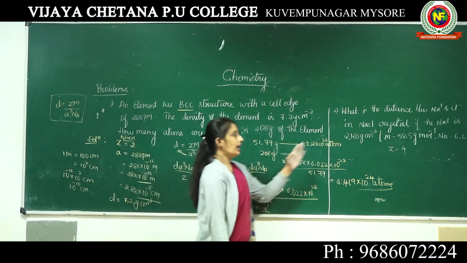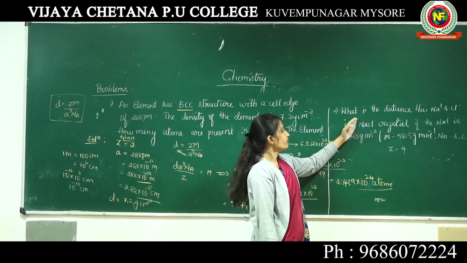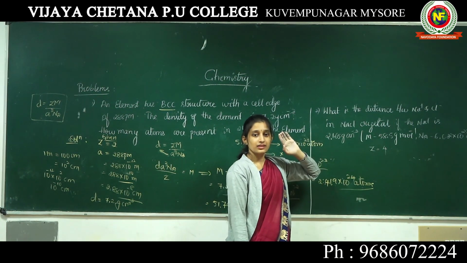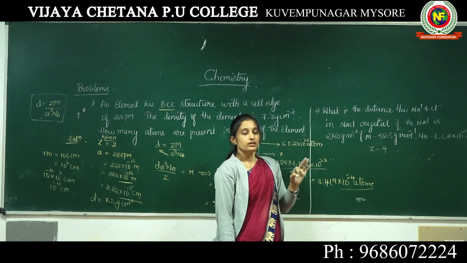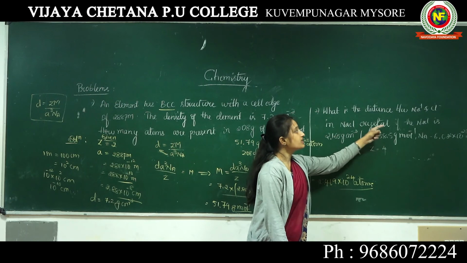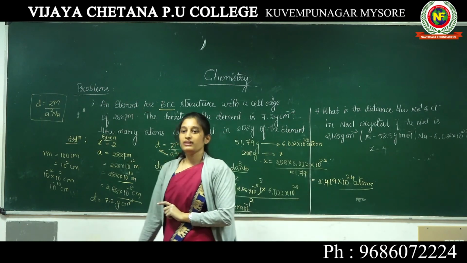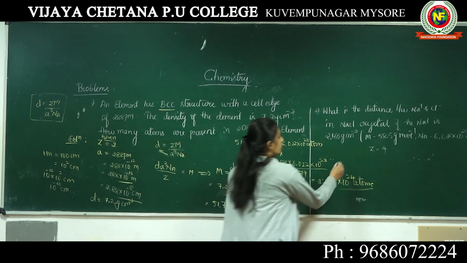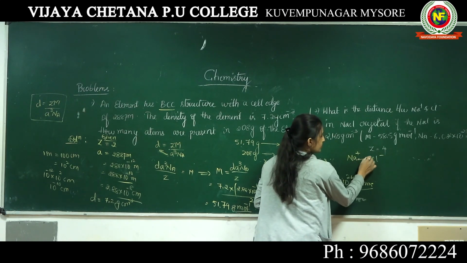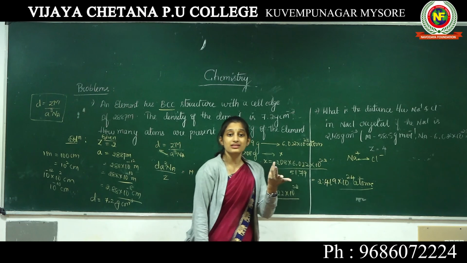Now this last question, this is the homework problem. Try to understand. I will give the clue. We just solve it and post the answer. See, what is the distance between? NaCl crystal is there, Na plus and Cl minus crystal. Distance from here to here. What is the distance?